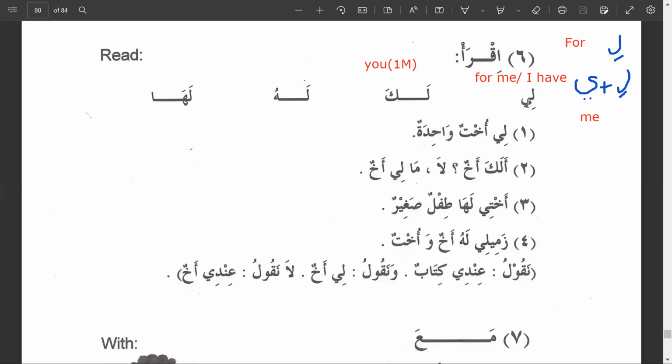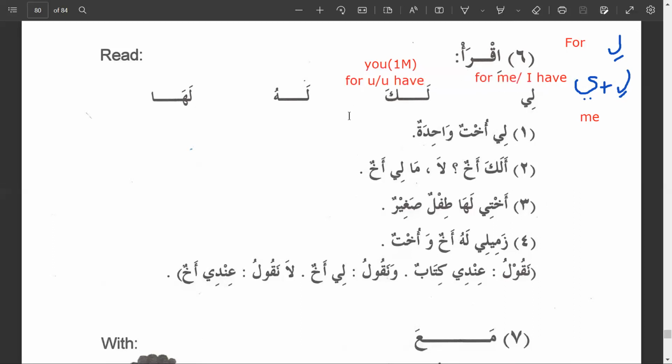Over here with ya, it's li, but with kaf, the attached version of anta, ka, or hu, he, or ha, her, his and her, we have fatha. So laka means for you, or you can say you have.